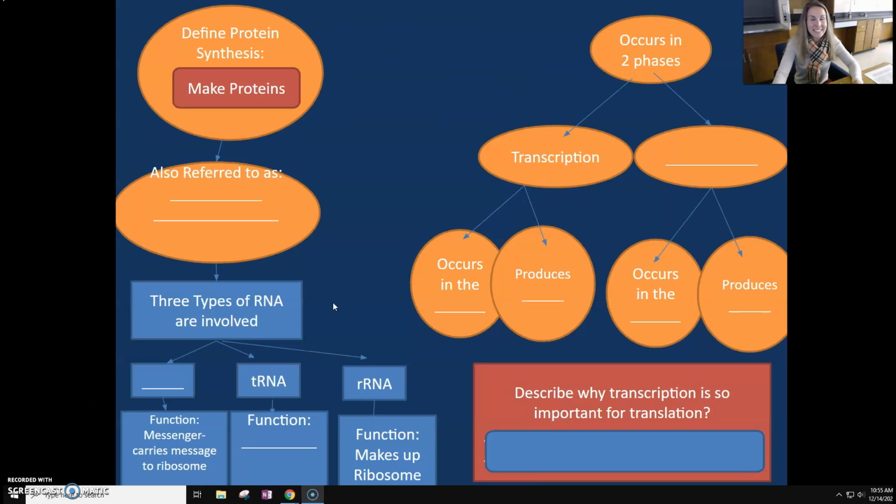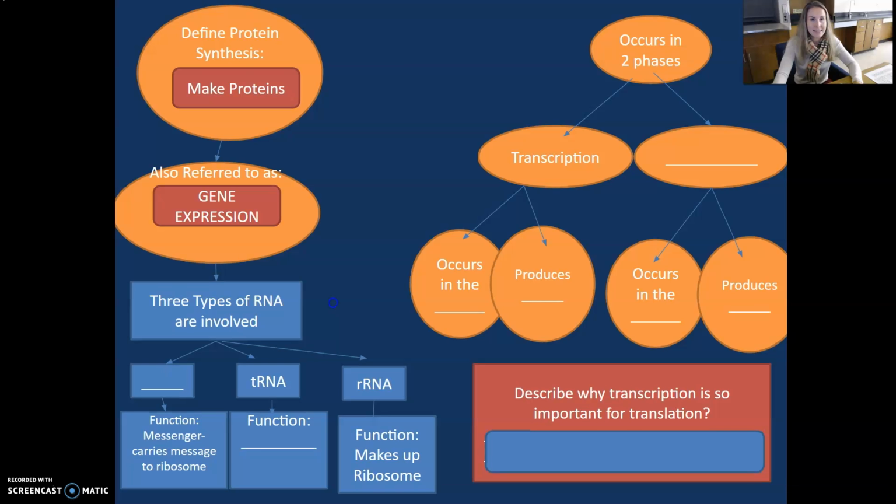So what is protein synthesis? Well, synthesis means to make, so we're making proteins. It's also referred to as gene expression. The 3 types of RNA involved are mRNA, tRNA, and ribosomal, or rRNA. What is the function of tRNA?